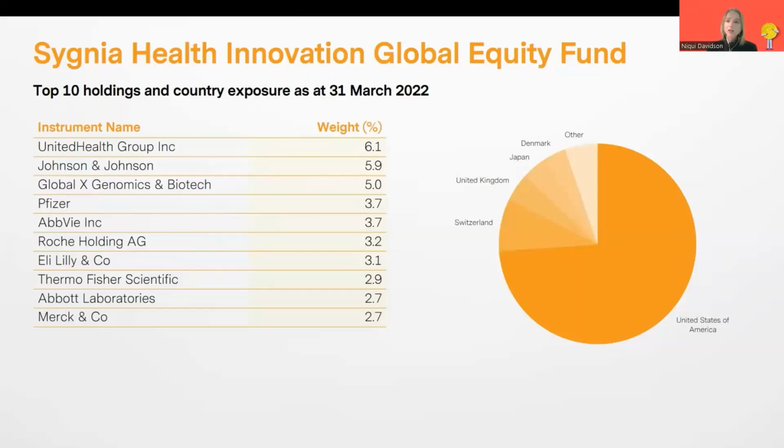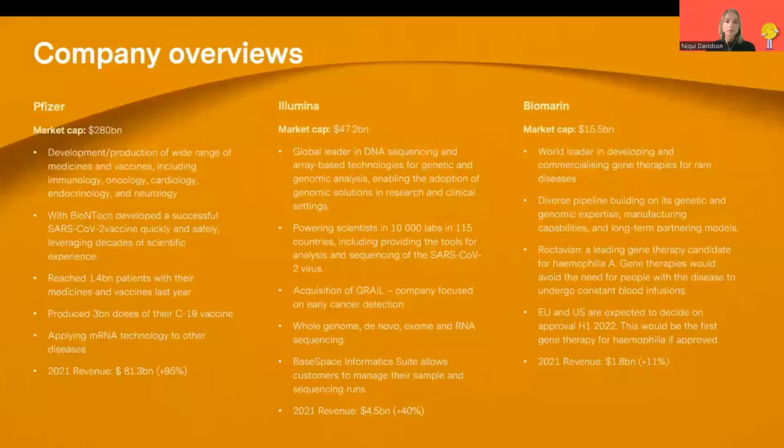So we may gain access to these innovative sub-themes, these innovative sectors of the healthcare theme through ETFs or through direct holdings. Then on the right-hand side of the chart, you can see the country exposure of the fund. So the fund primarily invests in US listed companies, followed by Switzerland, which also has a great or thriving healthcare sector, followed by the United Kingdom, Japan, Denmark, and a number of other smaller exposures as well.